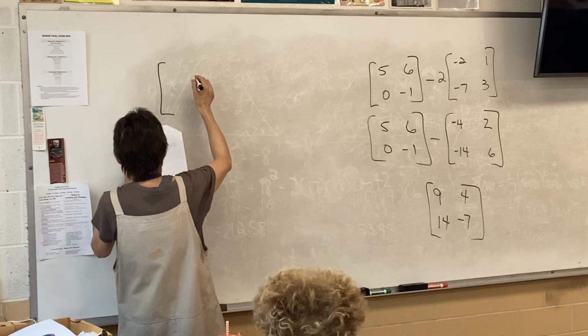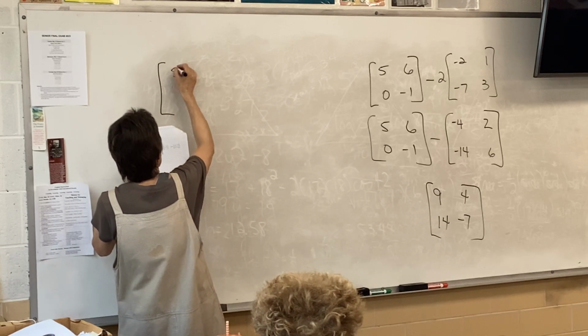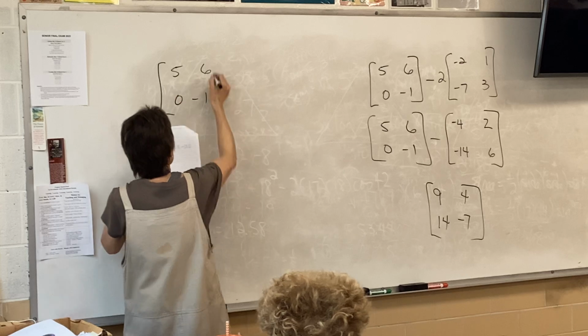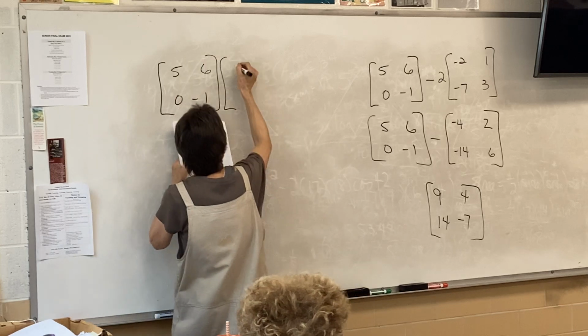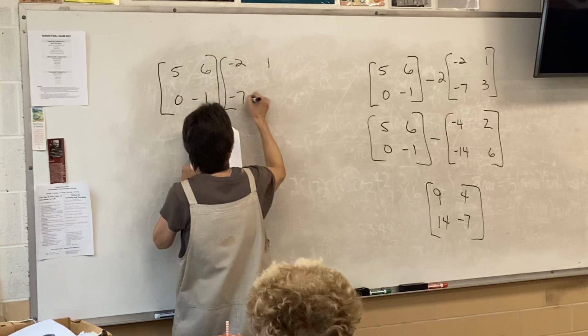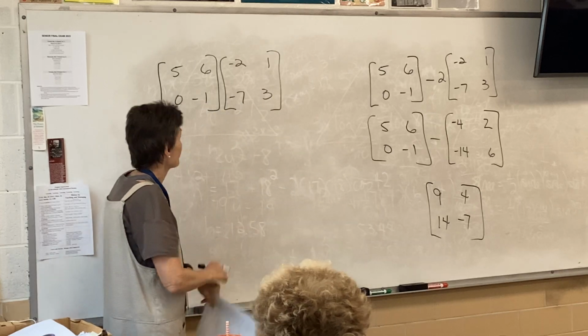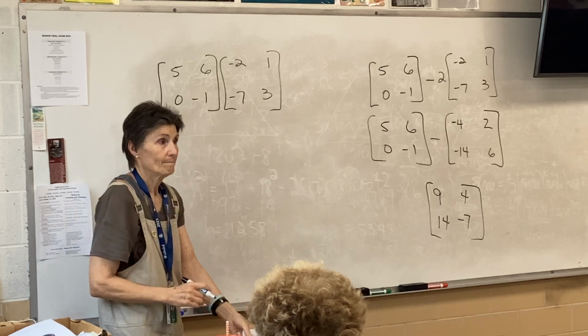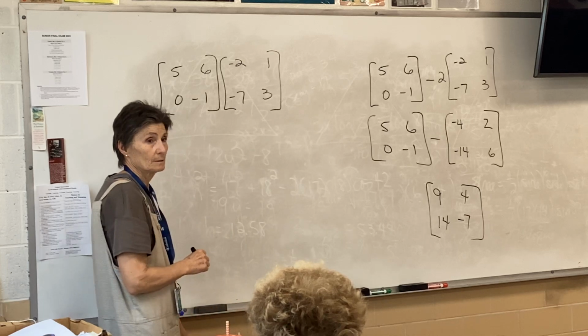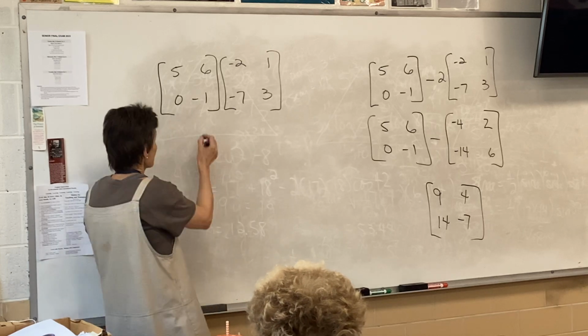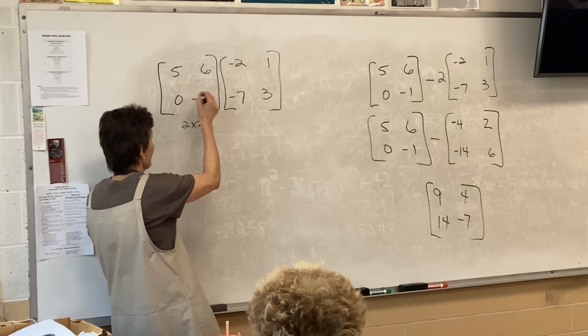Next one is C, which says we are multiplying these two things together. All right? So remember how this works? This is a 2 by 2, 2 rows, 2 columns.